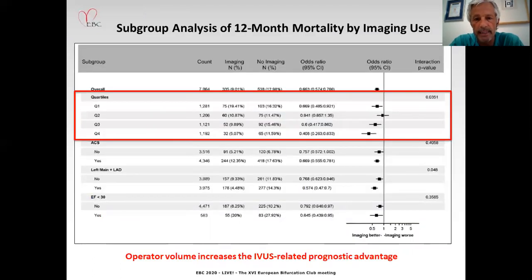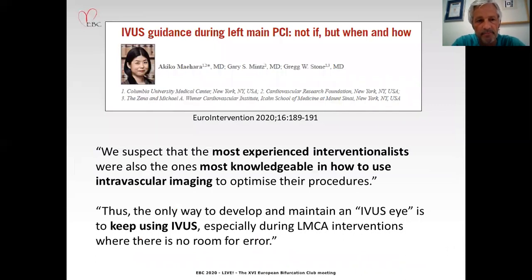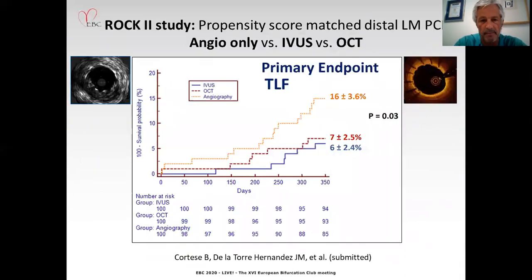But it's important that they noted that as the operator volume increases, the IVUS-related prognostic advantage increases as well, suggesting that the most experienced operators get the best from the intravascular imaging, as is really suggested by Kiko Mahara in the editorial comment. The most experienced interventionalists were those most knowledgeable in how to use intravascular imaging. So to keep really an IVUS eye, you have to keep using IVUS regardless of your experience in LM PCI.